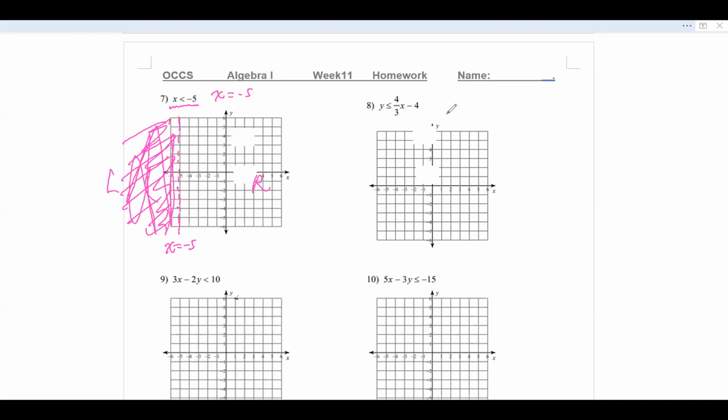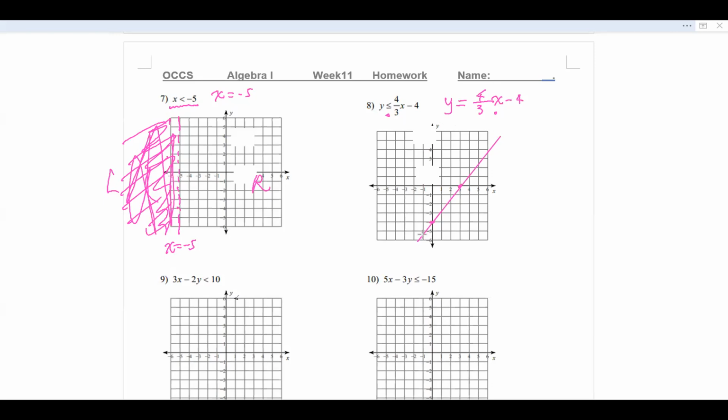All right, let's see number 8. First we change it into the equation. When it passes 3, we get 3, 0, right? So it passes 3, 0 and 0, negative 4, right? They are including it, so we can use the solid line.